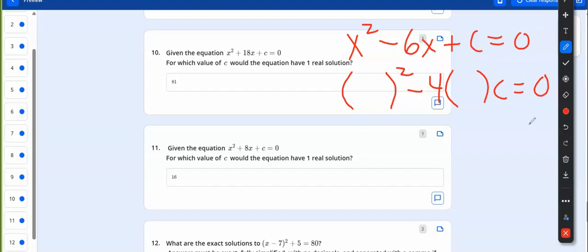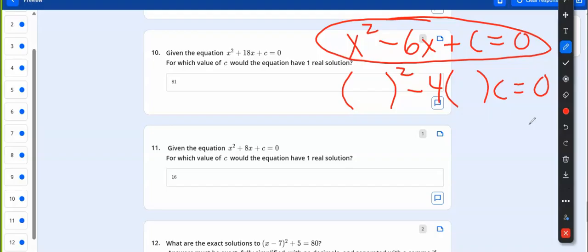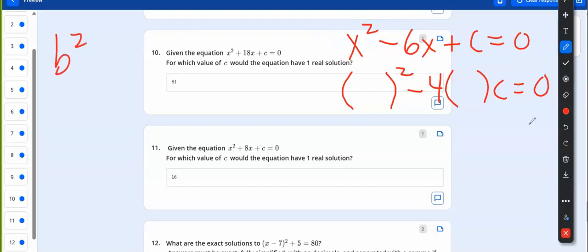So what goes in the first blank? -3. No, I don't see a -3 in the top at all. Remember, you want a b value. It's b squared minus 4ac. Oh, so it'd be -6. Ah, -6. And then what's the a value? 1.